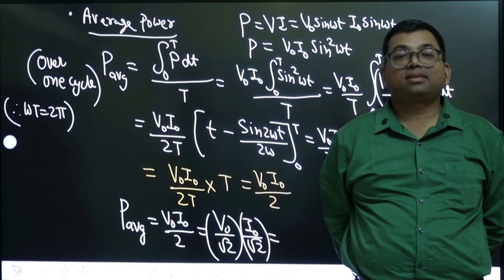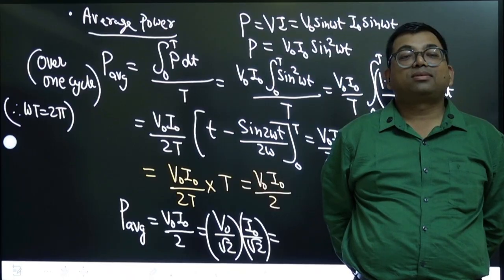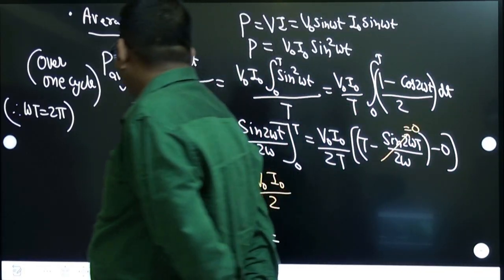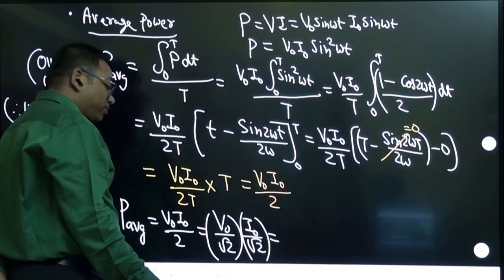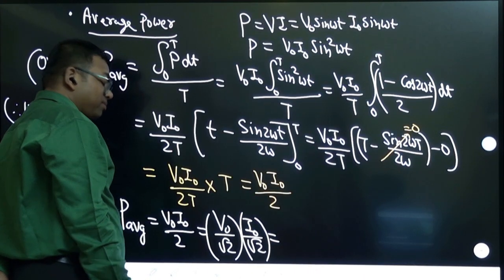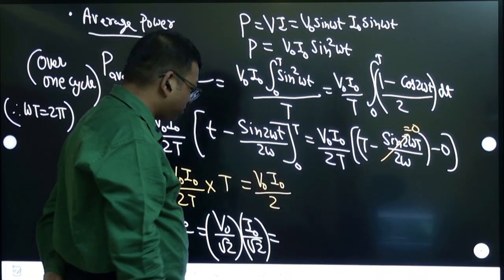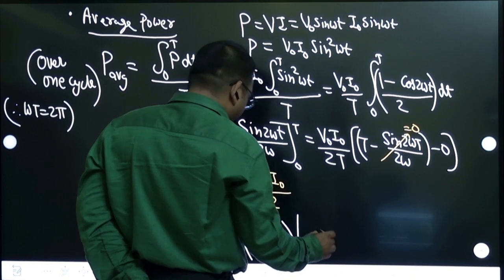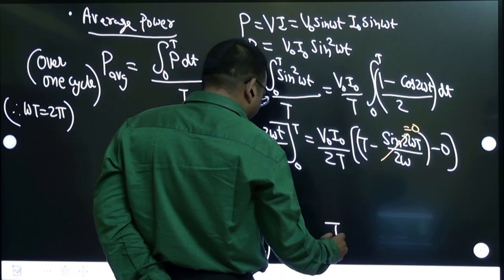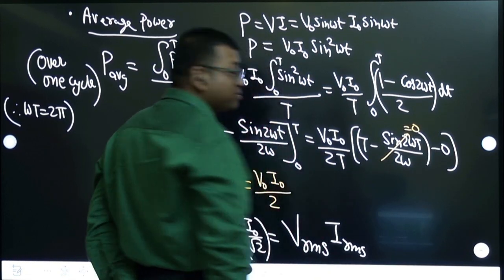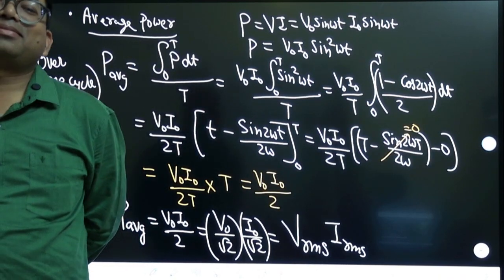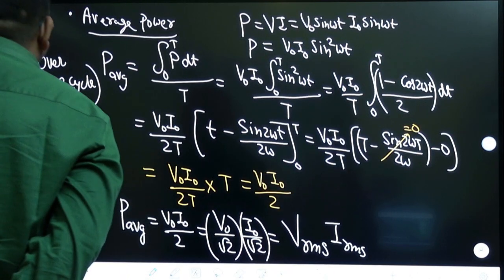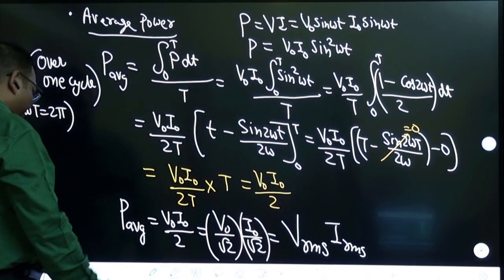This is a very basic thing. We have done the calculation. V naught by root 2, what is it called? VRMS. Forgot? I naught by root 2 is IRMS. We have to remember RMS.